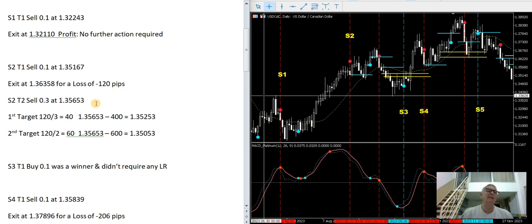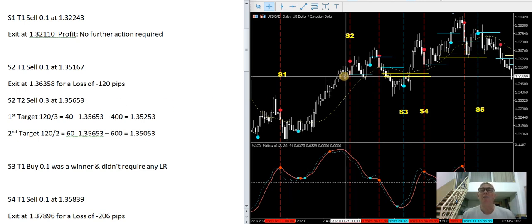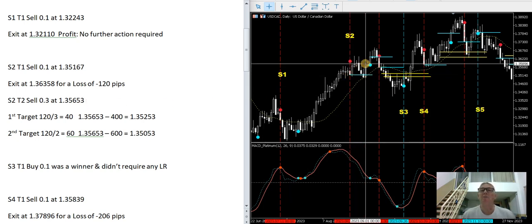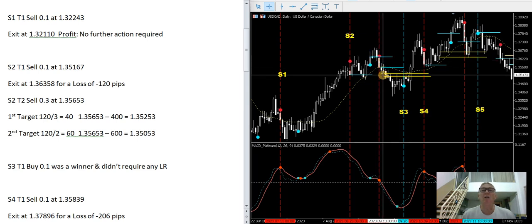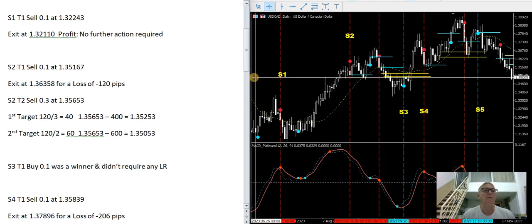My first target is my overall break-even, where if I just close the trade, I'd get out at a break-even price. I wouldn't lose anything on that. I don't want to, because I've taken a sell here, took a loss, I want to recover that loss. That's what it's called, loss recovery. So 120 is my 120 pips loss divided by 3 equals 40.